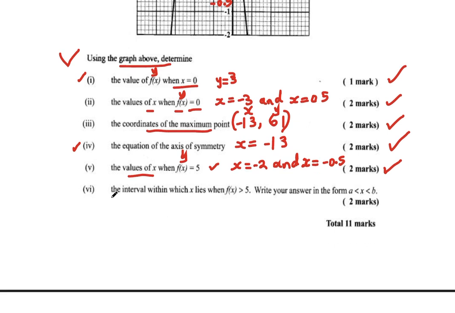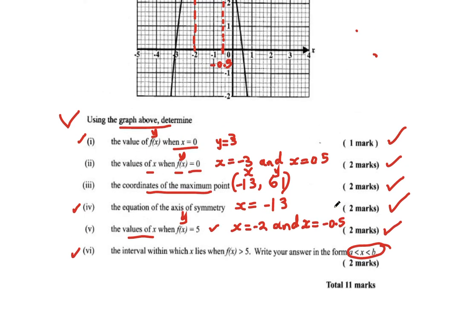Now for the final question in this past paper question, question 5, we should determine the interval within which x lies when f of x is greater than 5, and write the answer in interval form, which is this form here: x is greater than a but less than b.